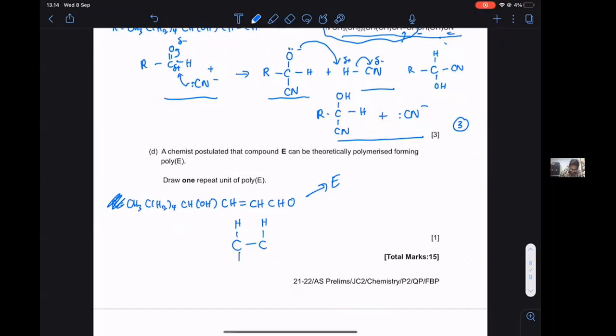This one will be this entire thing, so I can just put R equals CH3, CH2 4, CHOH. I just put this as R, no need to draw everything. And then here I just put C double bond O, H, and like this, done. One single unit. This is going to be the answer.